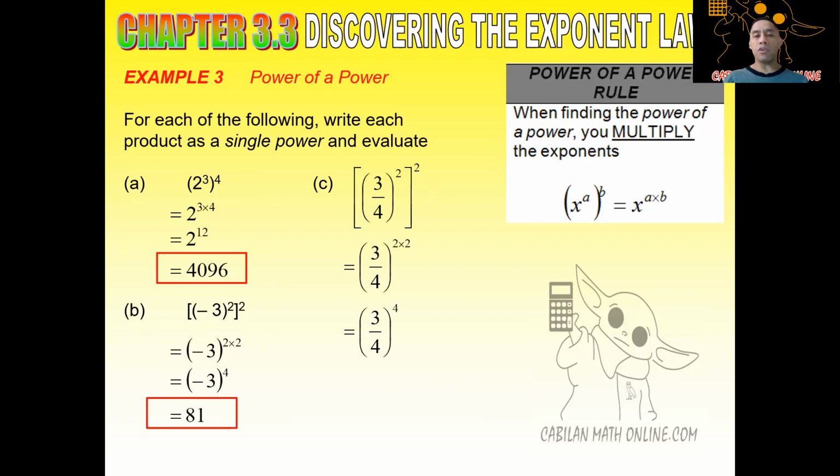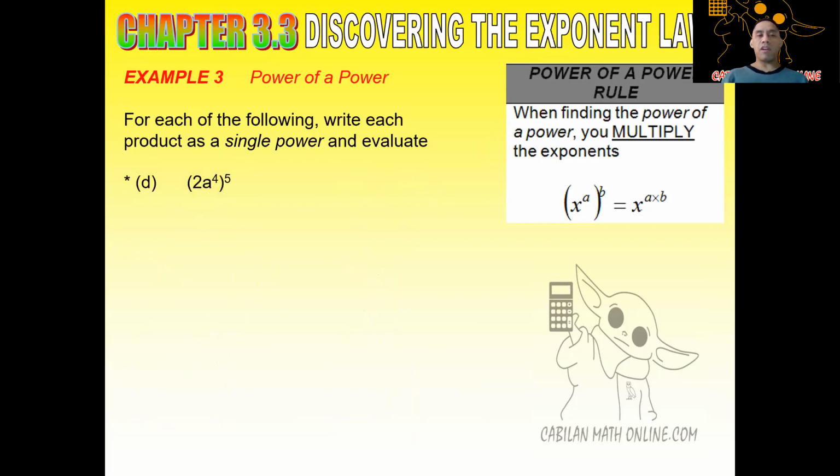And again, from here, you can raise both the numerator and the denominator to the exponent 4, or if you have the fraction key in your calculator, open up a set of brackets, press 3 fraction key 4, close the brackets, and raise it to the exponent 4, and that will give you a final answer of 81/256. All right, so these three examples you see on the screen right now are the basic ways we can apply the power of a power rule to common bases.